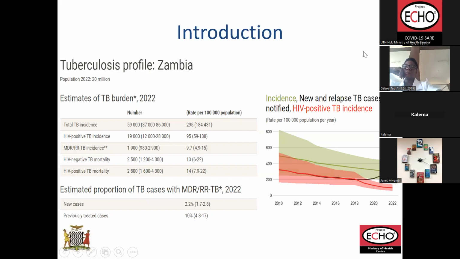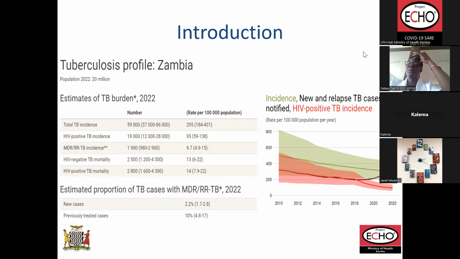So just a brief introduction. The picture you are seeing is a snapshot from the TB profile for Zambia. It's an extract of the WHO report for 2022. As you may be aware, some of you might be joining the program for the first time, the WHO report covers a year ago.